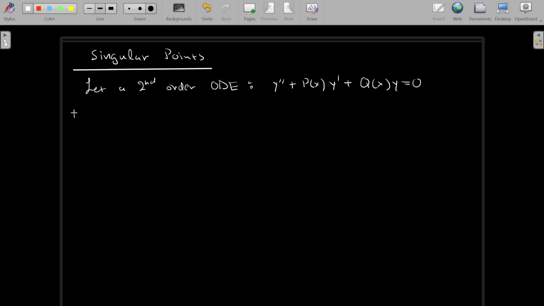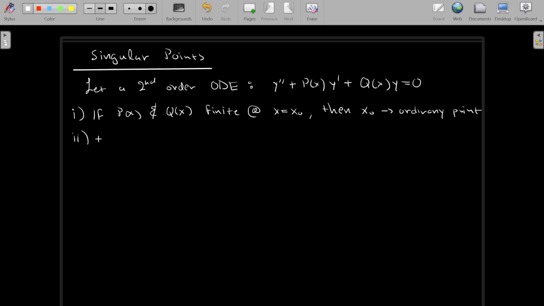Now, firstly, we define: if p(x) and q(x) are finite at x = x0, then x0 is called an ordinary point, and everything is fine.